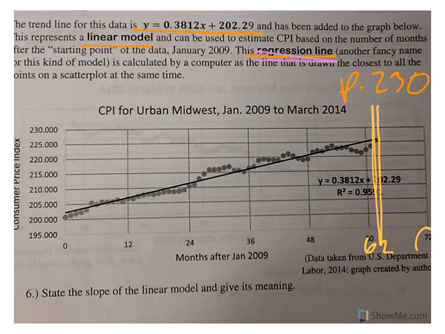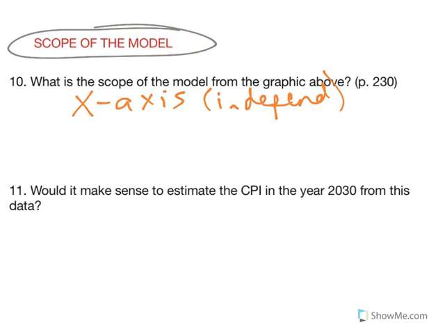So 72 is the end of this picture. 72 months would be a good scope, 0 to 72. We can estimate any time in there. Obviously from 0 to 62 we have the data, but we could use this model to predict this far out. So the scope of the model I would say is 0 to 72 because that's what's shown on the graph. That's another 10 months past where we are now.